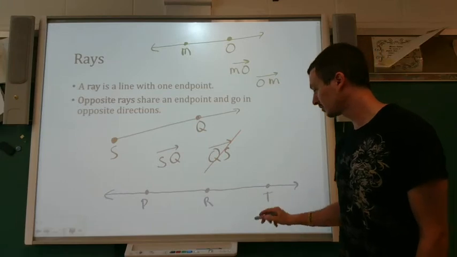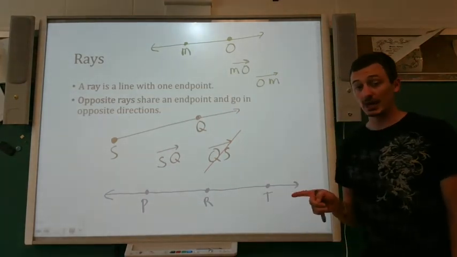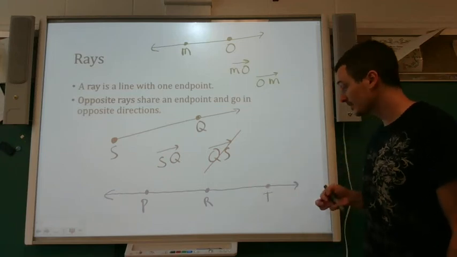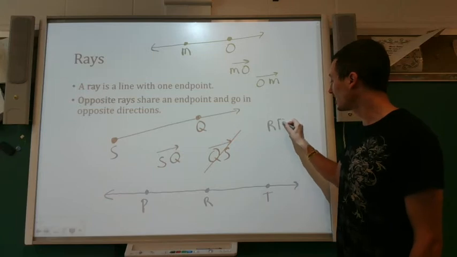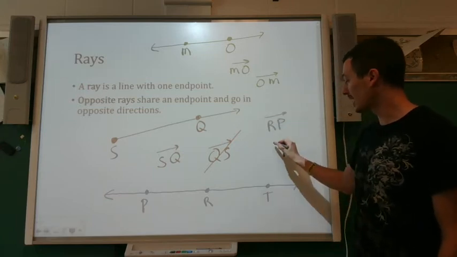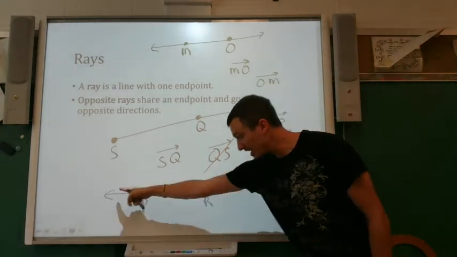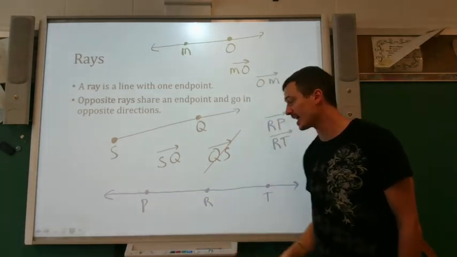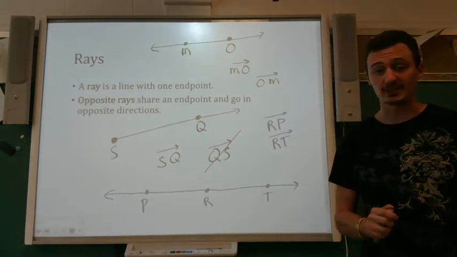P, R, T. Now I can create 2 rays from this line. I can say that ray RP and ray RT. Ray RP and ray RT are what we call opposite rays.